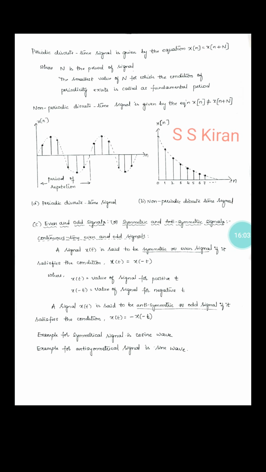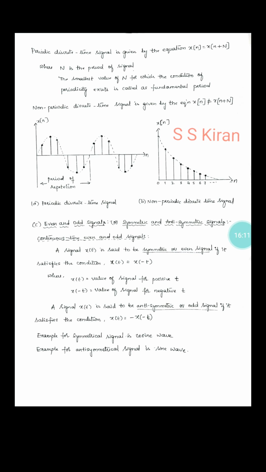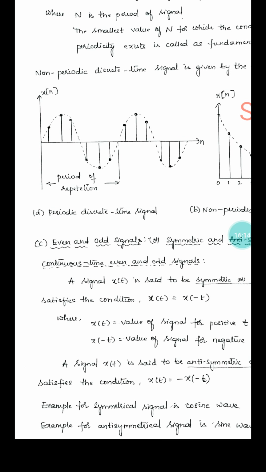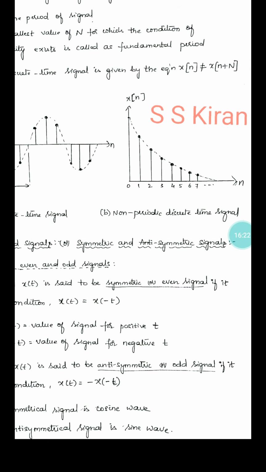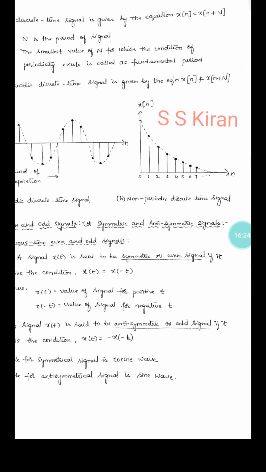Nice point, right? Periodic discrete time signals are given by an equation. Whatever we discussed for the continuous time signal, we can also discuss for the periodic discrete time signal, divided into different time intervals. This is called a non-periodic discrete time signal.